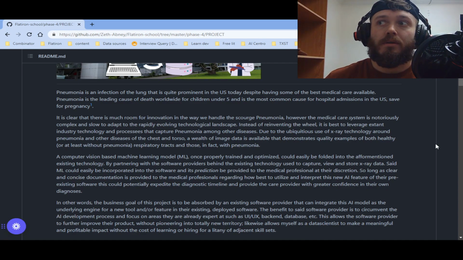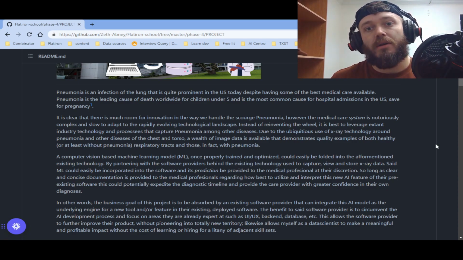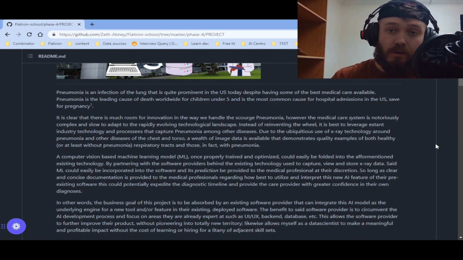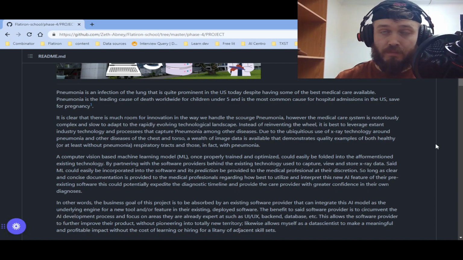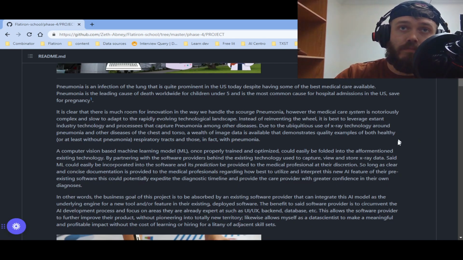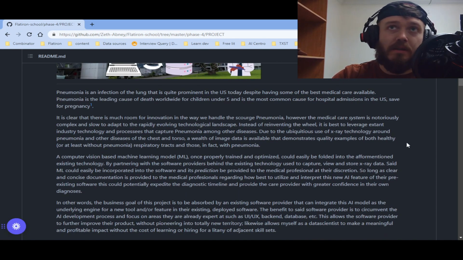So if you're the doctor or the X-ray technician or whoever, one day you'd get a software update and this is a new option in whatever drop-down menu you're already familiar with. So that's basically the business use case.